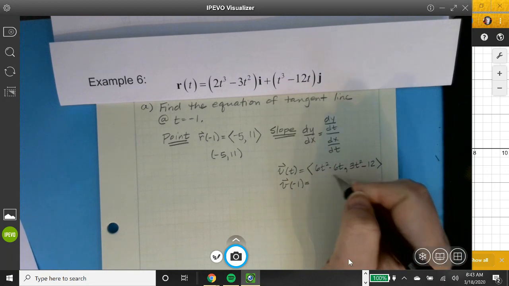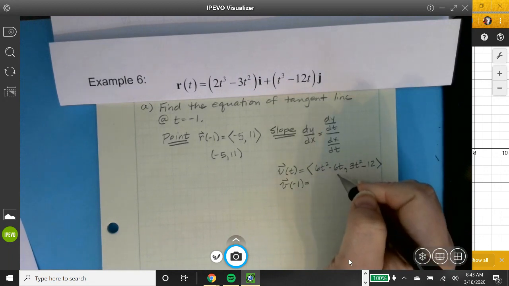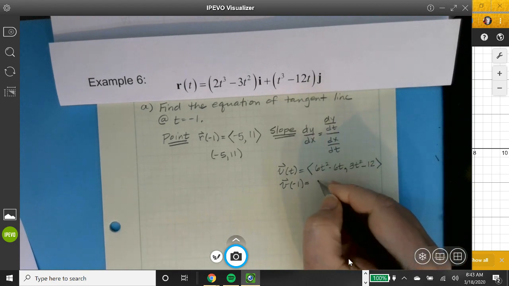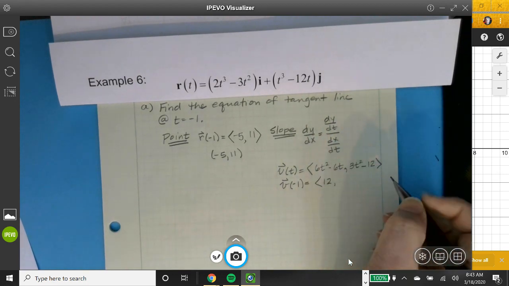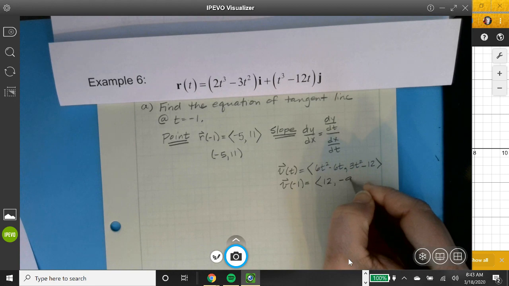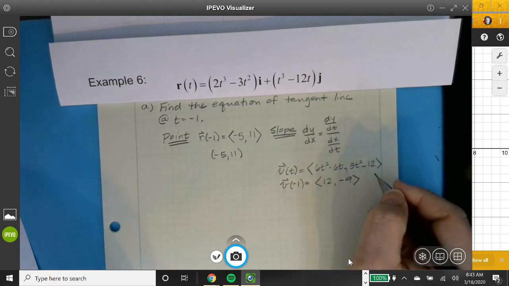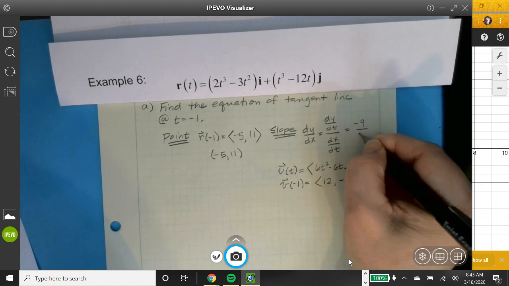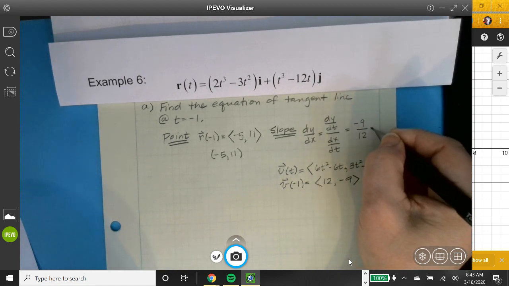Well, let's see, we get 6 plus 6 is 12. And then we plug in -1 and we get 3 minus 12, which is -9. So then these component parts over each other are going to be -9 over 12, which is equal to -3/4 if I reduce it.